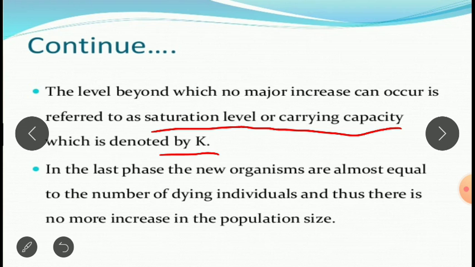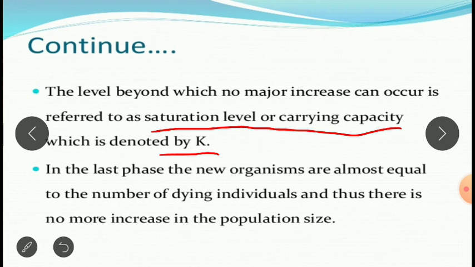Then, in the last phase, what is happening? In the last phase, the new organisms are almost equal to the number of dying individuals, and thus there is no more increase in the population size. So I can summarize it as the natality becomes equal to the mortality. However many deaths there are, that many births will be there.